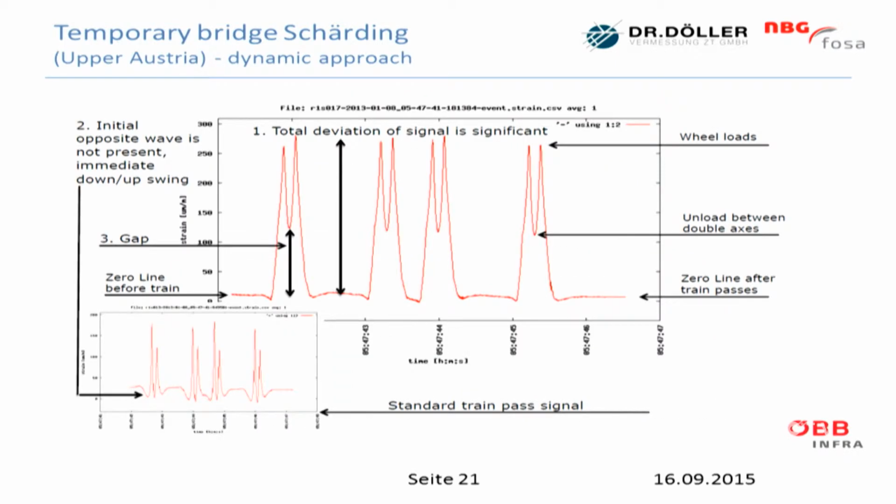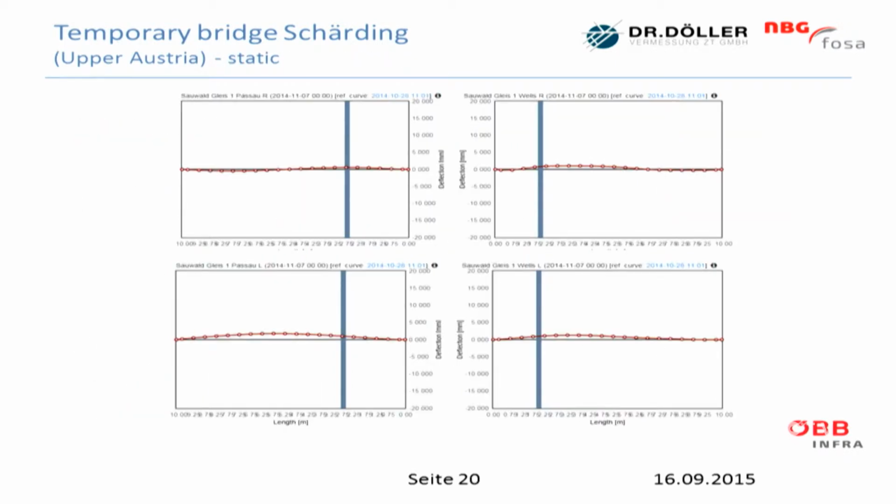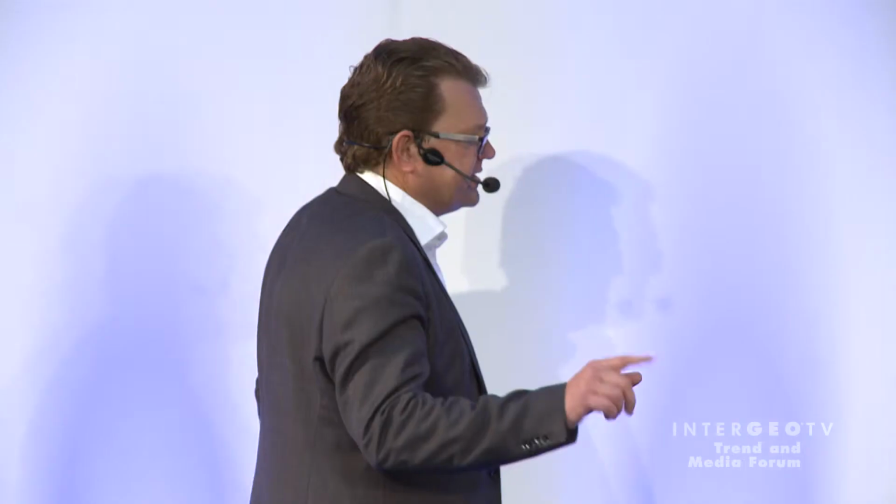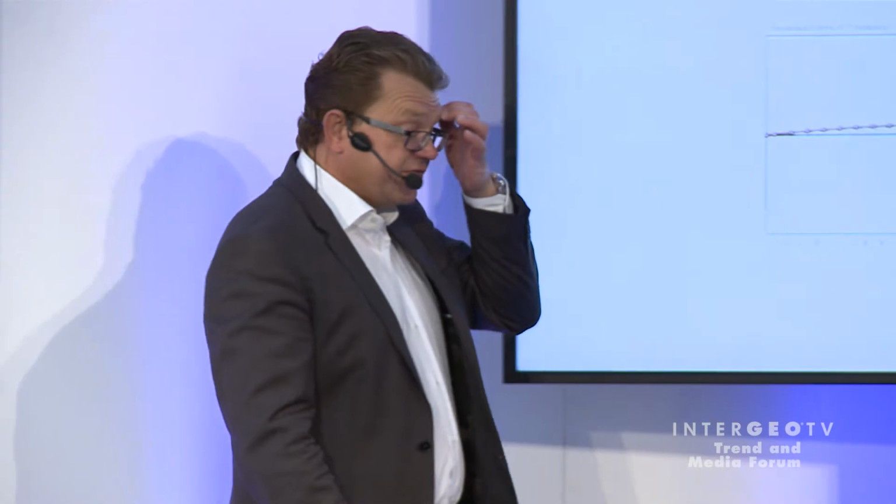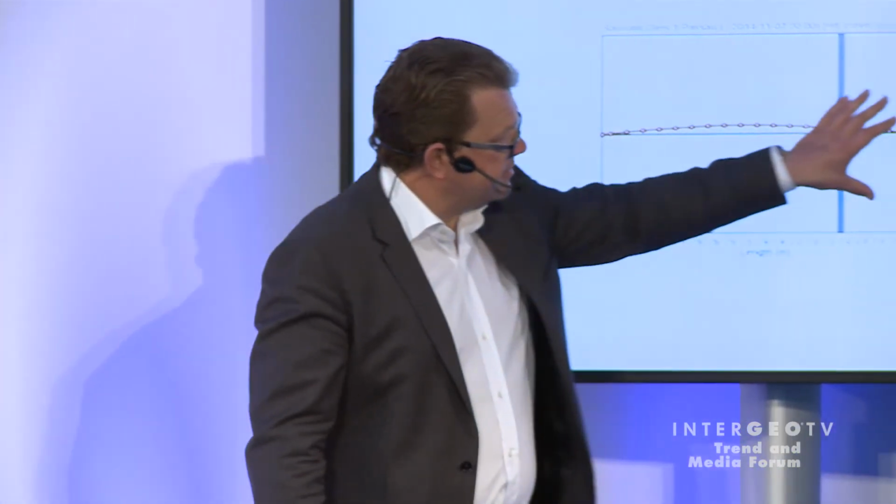With fiber optic systems, we can not only measure the permanent data of the bridge, but also, and I show you after, we can measure it when the train goes by.